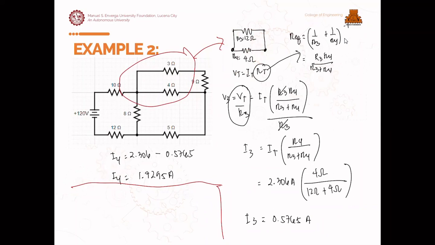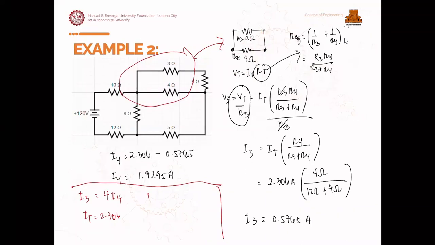Okay? So, ibig sabihin yung I3 natin will be equal sa 4 times ng I4. Okay? Then, kung alam natin na yung total is 2.306, yan yung paghahatian natin. So, I1 plus I3 plus I4 is equals to 2.306.